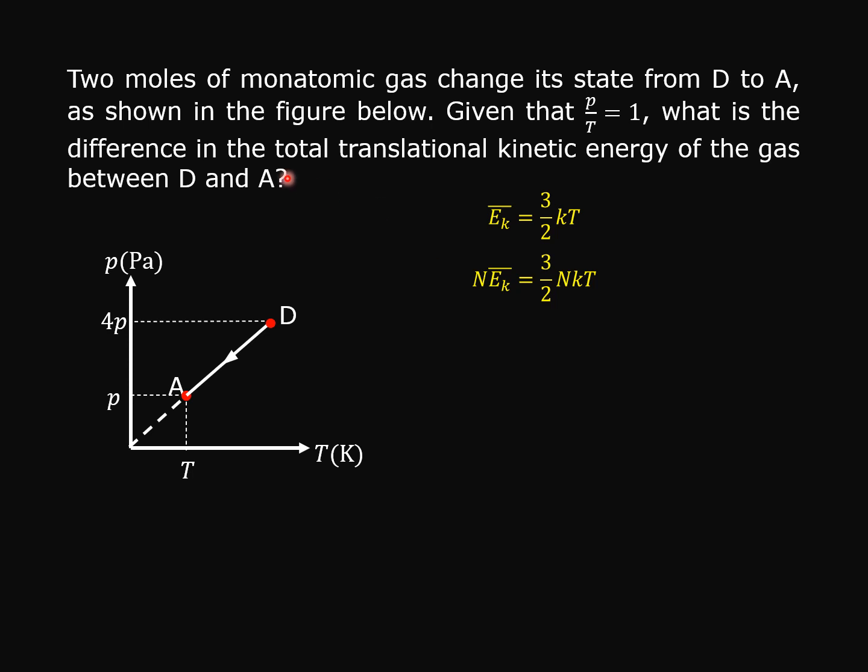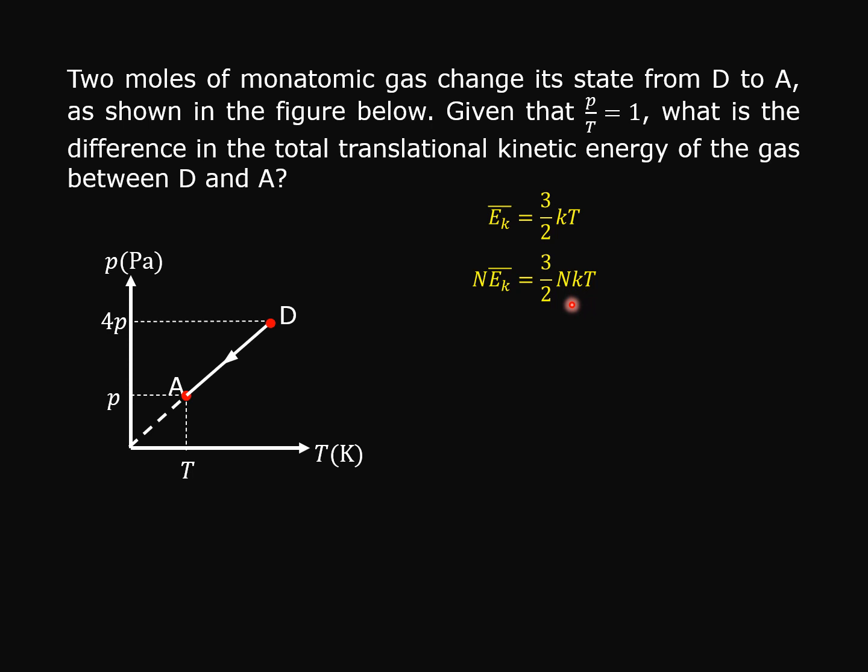We want the total translational kinetic energy of the gas. Therefore, we multiply this average quantity with the total number of molecules of the gas. So if we multiply the left-hand side with N, we must also multiply the right-hand side with N.